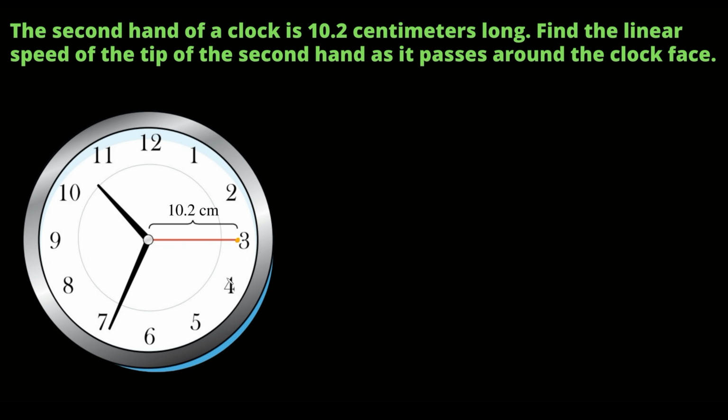The formula that we want to use to find the linear speed of an object that's going around in a circle is V is equal to S over T, where V stands for the linear speed, S is the arc length, and T is the time. Let's plug in what we know. We don't know the linear speed yet, so that's V, and that's going to be equal to S over T. How do we find S, the arc length?